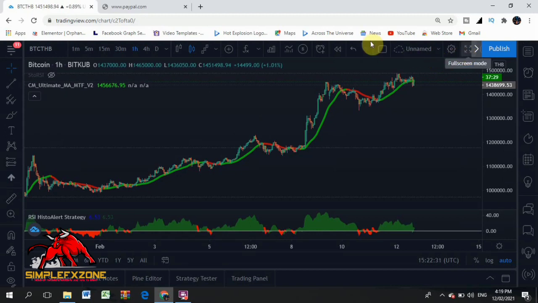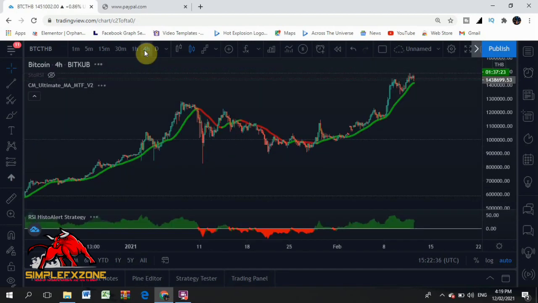So let's go to the 4 hours chart. As we can see here, this is a 4 hours chart. This chart is a Bitcoin chart, a cryptocurrency pair.